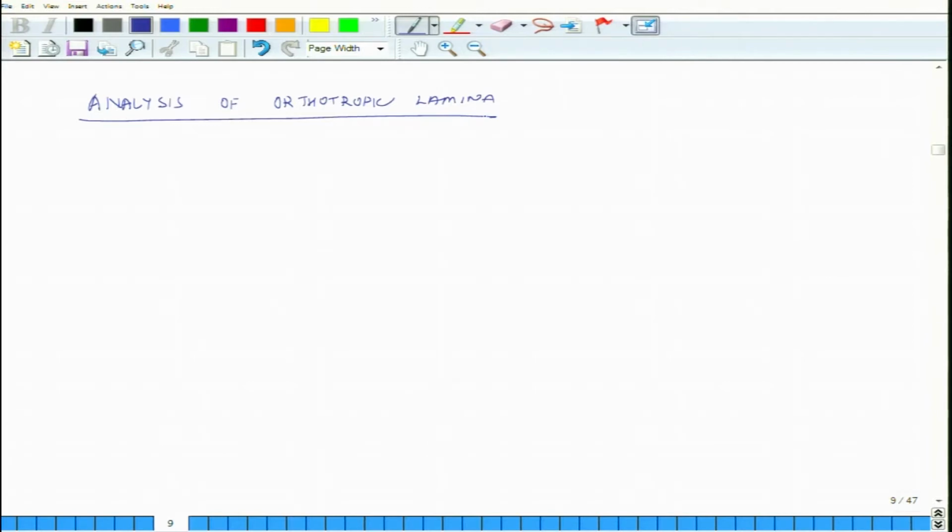And we have discussed what an orthotropic lamina is, but for purposes of completeness we will quickly recap what orthotropy implies. So, first we will consider an isotropic material.